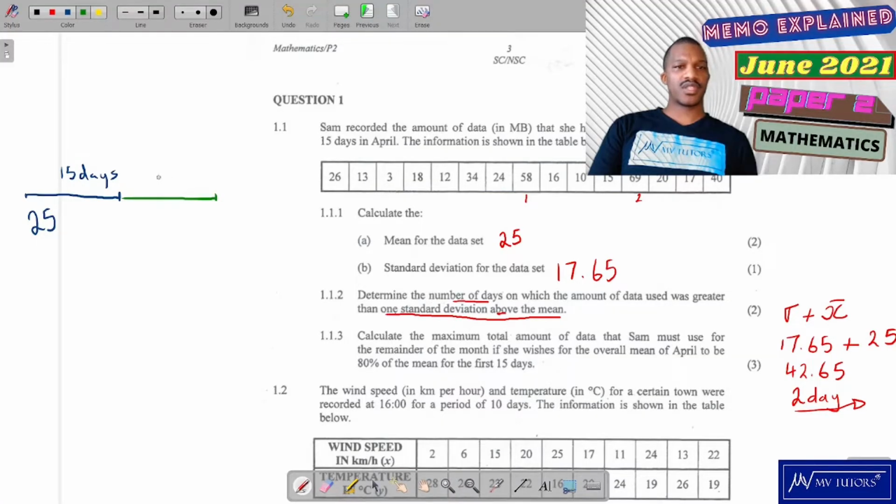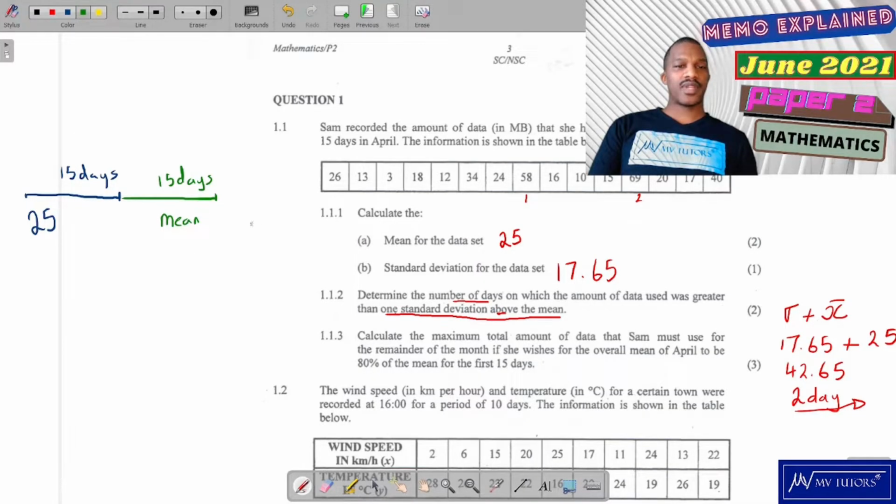So this is another 15 days, which makes a complete month. So the mean of the first 15 days is that. This mean is the one that we have to calculate, so let's just call it mean.